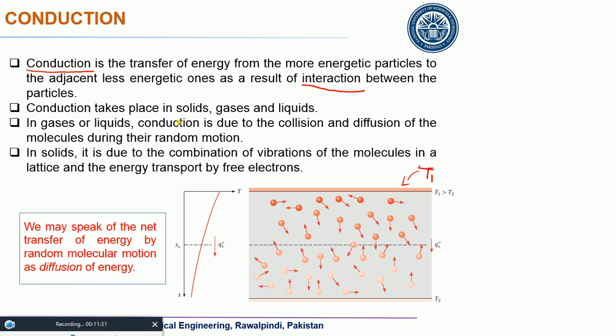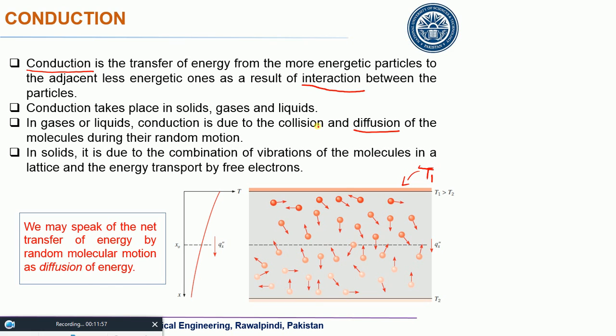In case of gases and liquids, conduction may happen due to diffusion as well, but not in solids. Diffusion does not occur in solids, because solid molecules are tightly packed. Their surrounding molecules would not allow a molecule to displace from its original place. It would stay at its original place and keep vibrating.